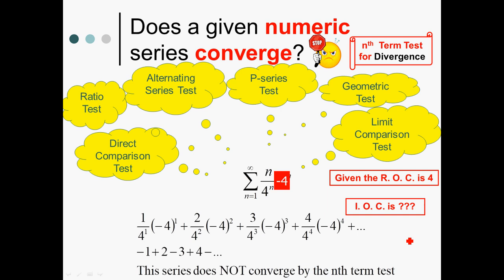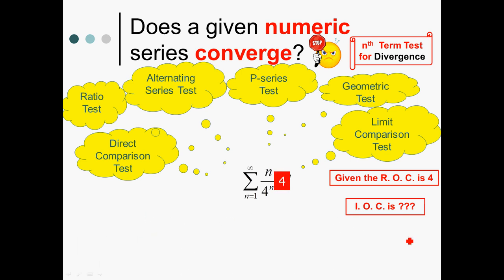This series does not converge by the nth term test. It fails the alternating series test too, because it fails the nth term part of it. These terms do not go to 0. Therefore, the numeric series with -4 in place of x does not converge. Numeric series, right?